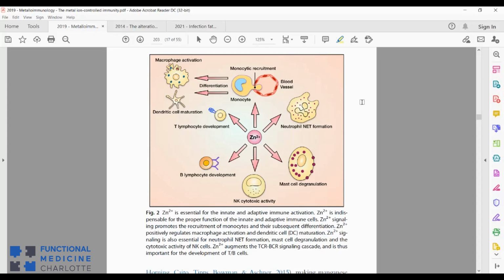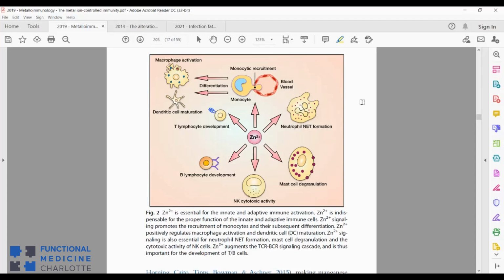So enter the big toe tissue where you've got an infection or an injury. And once it enters the tissue, it's called a macrophage. And macrophage is Latin for big eater. So the macrophage is going to eat that infection. So say that's a bacterium or a virus of some sort.